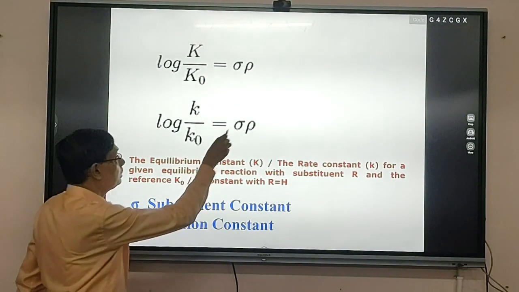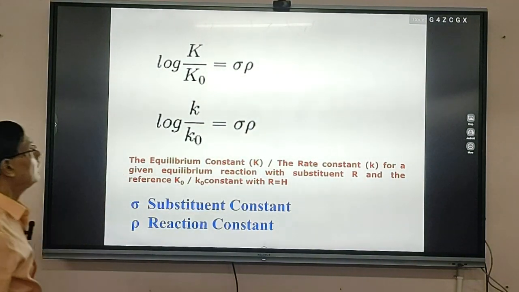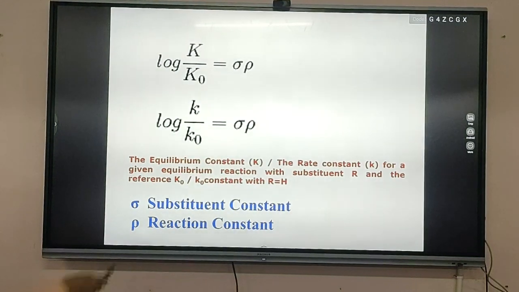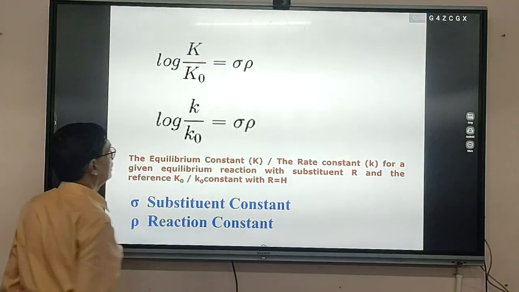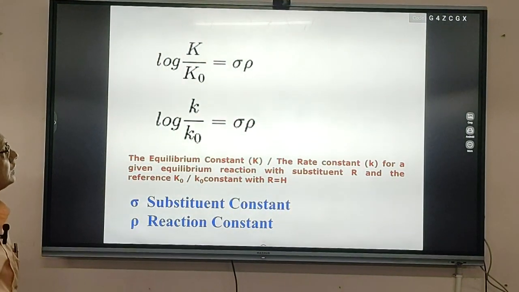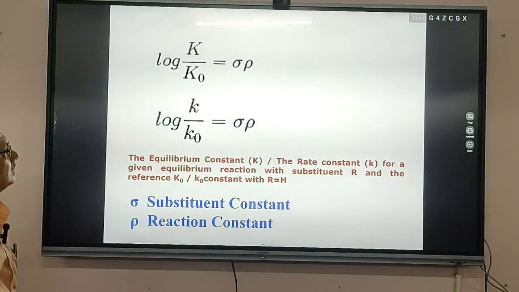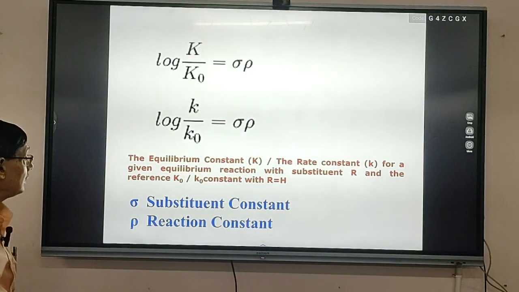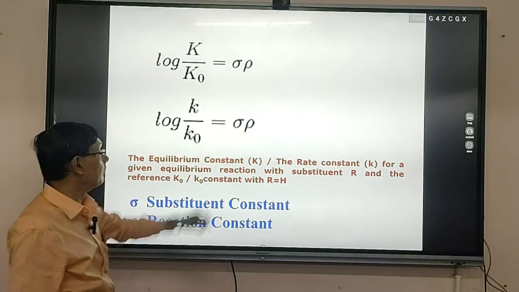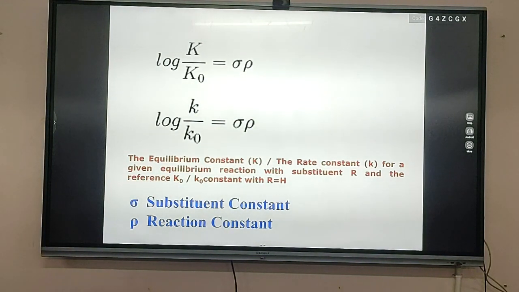Now, what about these two parts? This first part is called the reaction constant, and this part is called the substituent constant, which is independent of any type of reaction.